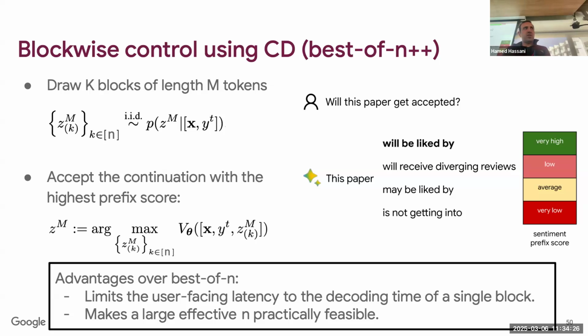I know it because it's captured by the value function, but the value function has to be very, very good. The process reward is doing a lot of the heavy lifting. This is more online, on the fly, so you can serve it to the user with low latency.